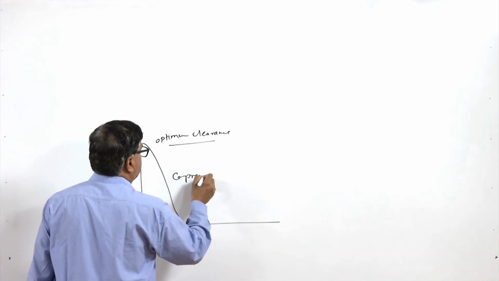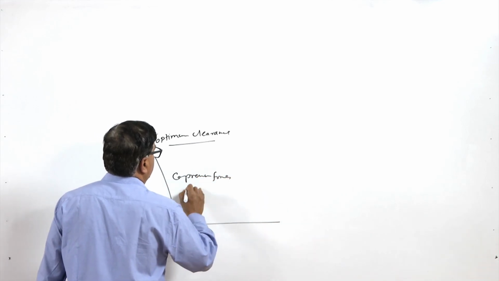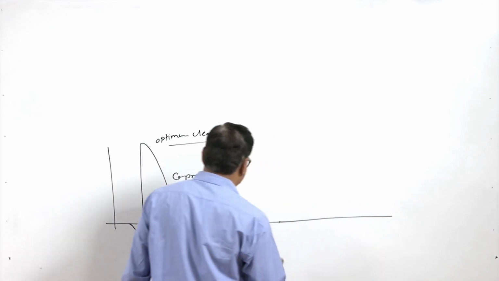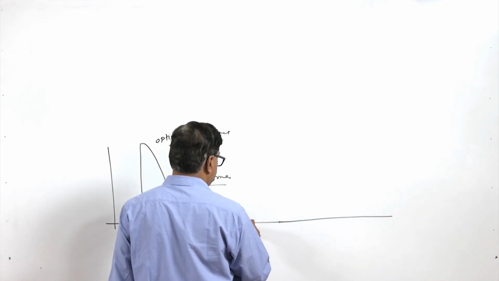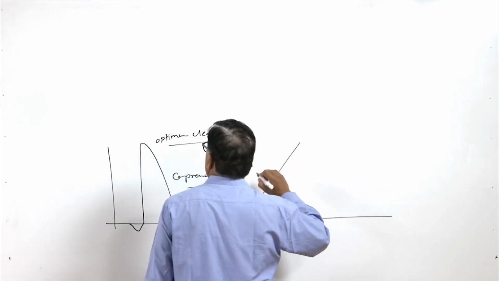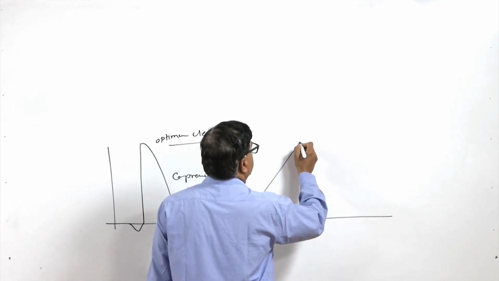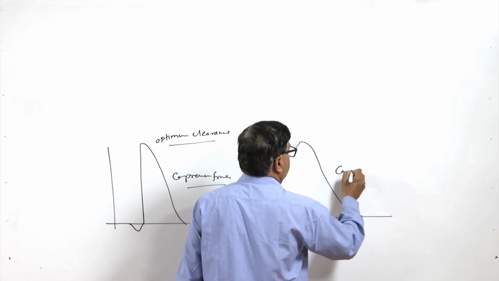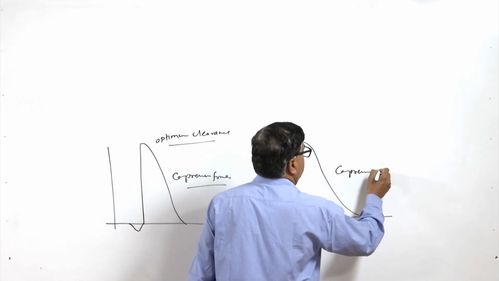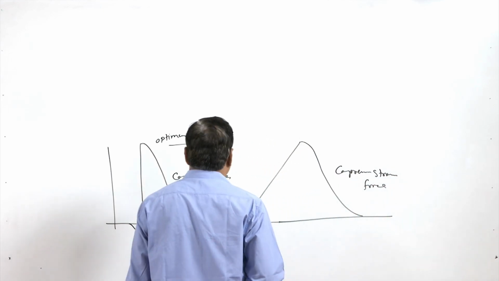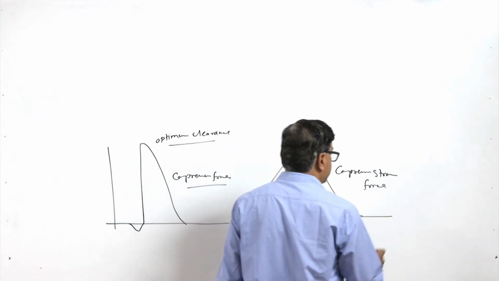This indicates the compressive force variation, and when a very tight clearance is used, it results in a very inclined kind of force variation, and this also indicates the compressive force generation as a function of the time during the shearing.